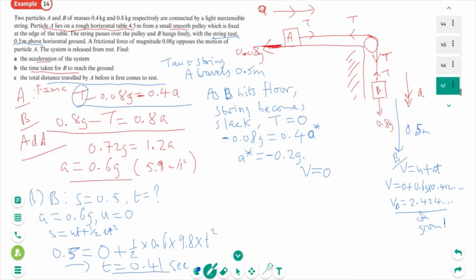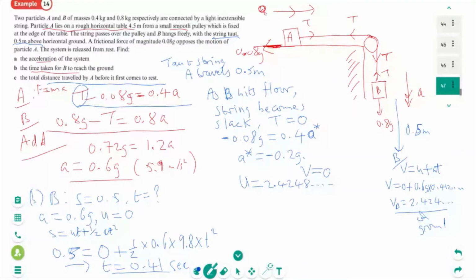So we can use that number, U equals 2.424 and so on, as the initial velocity of A when it begins the second part of the motion. Now you can use a suvat to work out how far it travels.